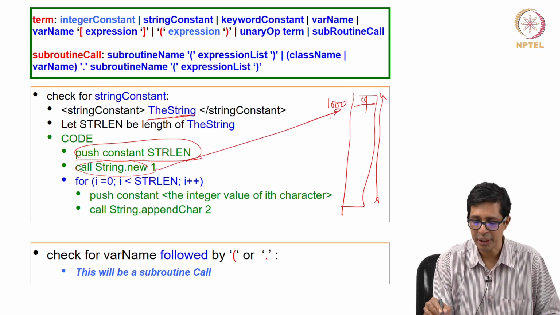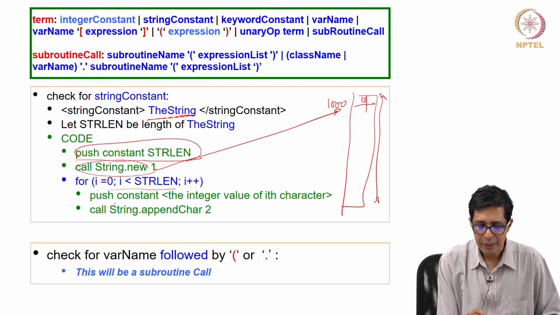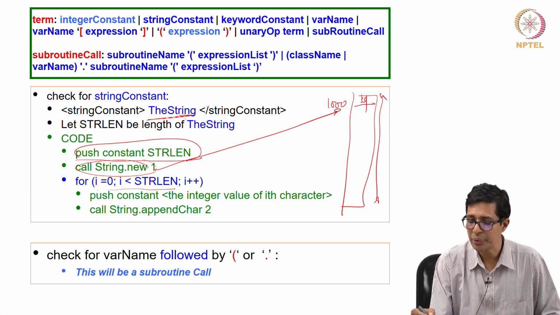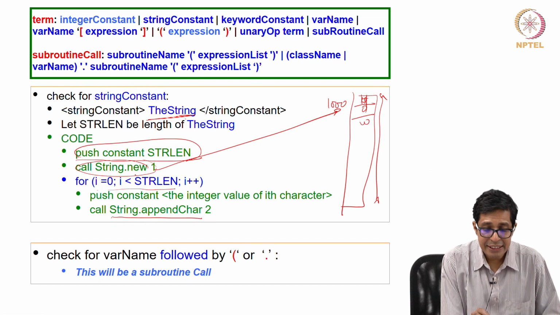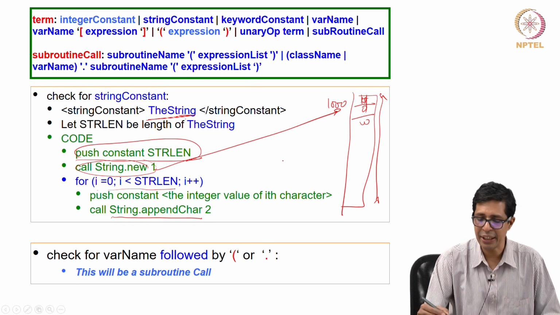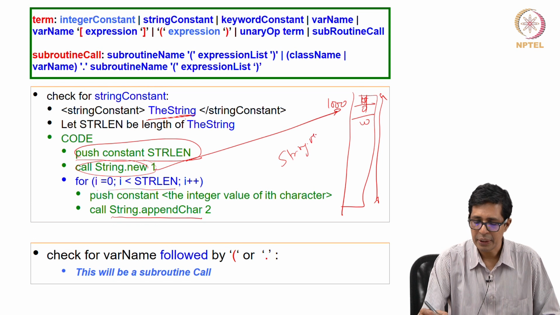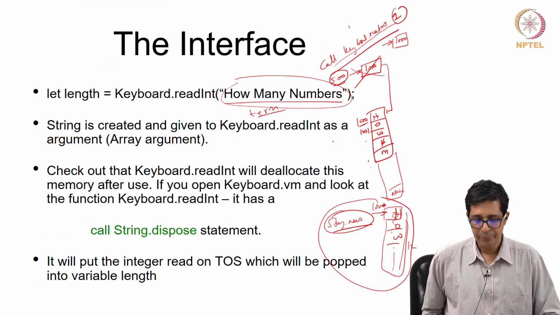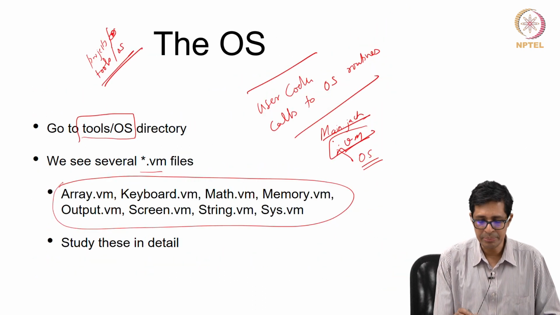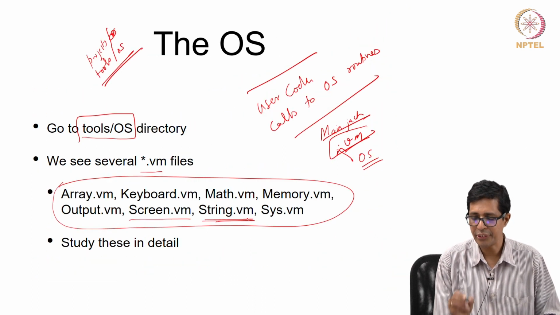That is what string.new does. And then for i equal to 0, i less than string length, you keep on pushing the character constant, and you start appending the character. So H will get appended, then O, W. So you are calling string.appendChar also. So we are using these string functions. Where are these string functions? These string functions are available in string.vm. This is an operating system file, as you see here.